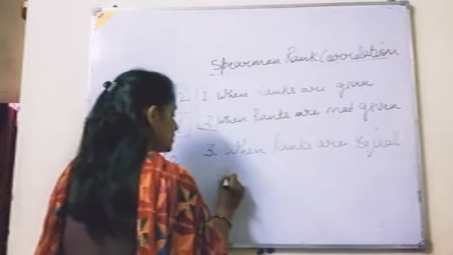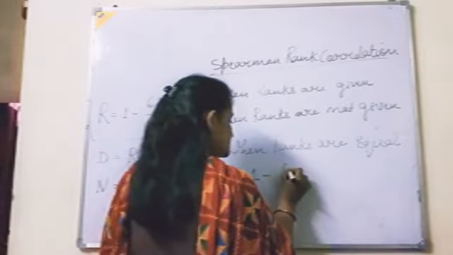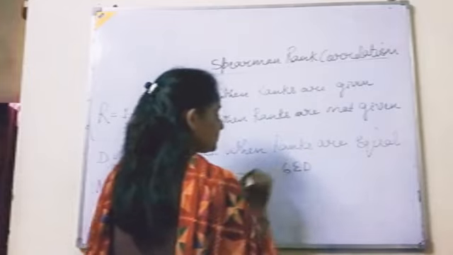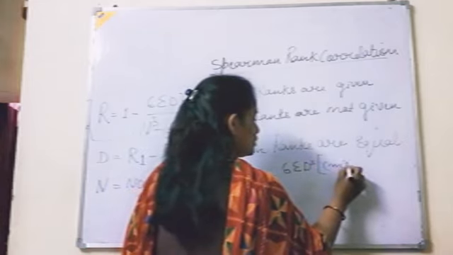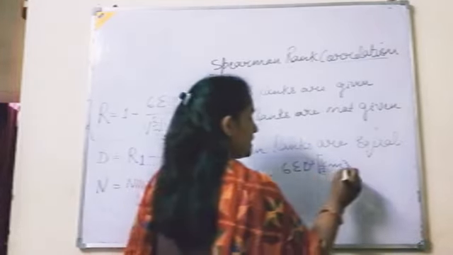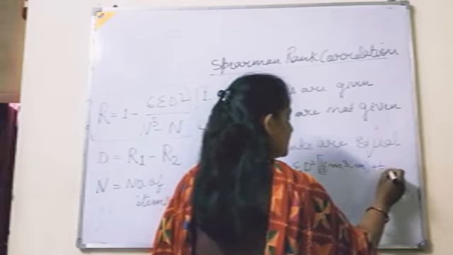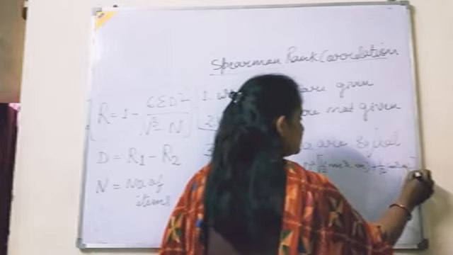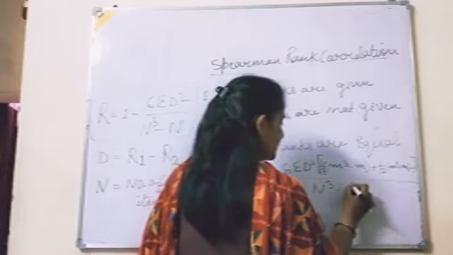R equals 1 minus 6 into the bracket of summation D square plus 1 upon 12 (m cube minus m) plus 1 upon 12 (m cube minus m), and this will continue, divided by n cube minus n.